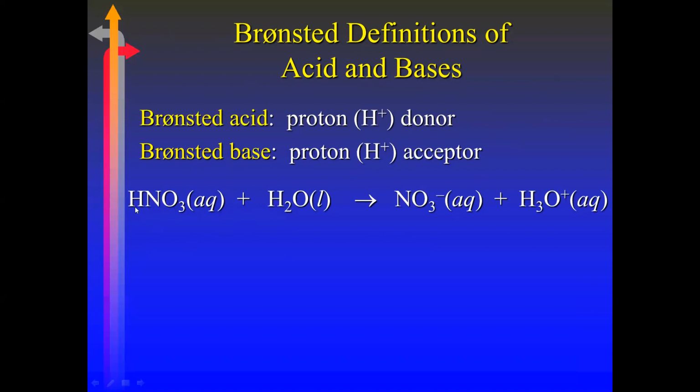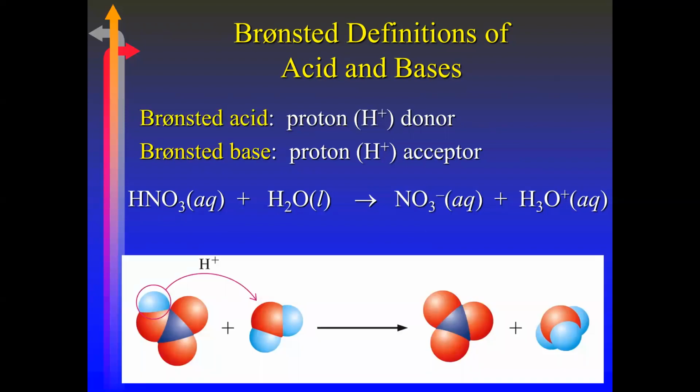This one is an acid according to the Arrhenius definition, but it's also a Brønsted acid here, because you see, it donates one proton. This proton is donated to water, making the water like this. It loses one hydrogen ion, donating it from here to water.